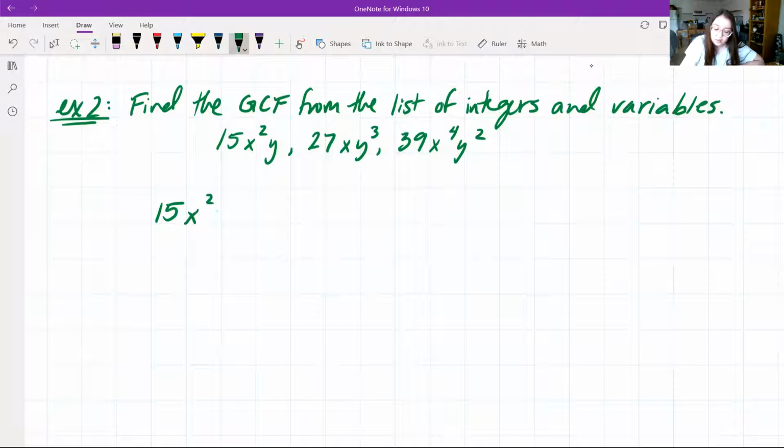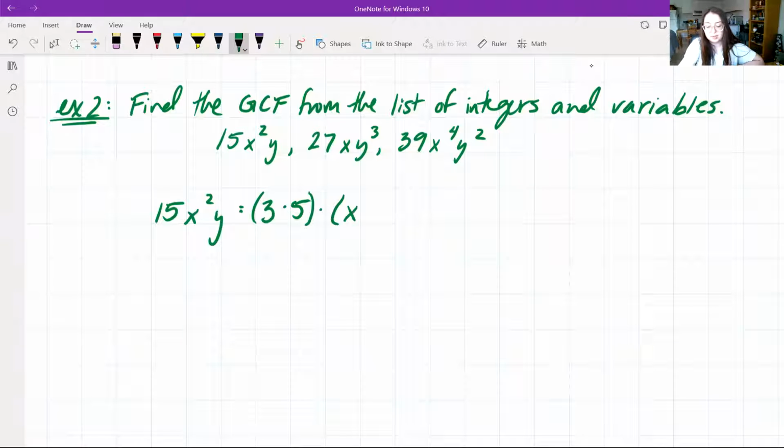So 15x squared y. 15 can be expressed as 3 times 5. x squared can be expressed as x times x, times y. So there's our factorization of 15x squared y.